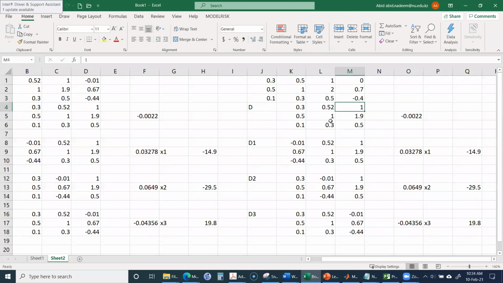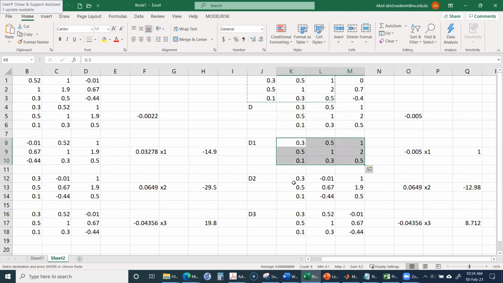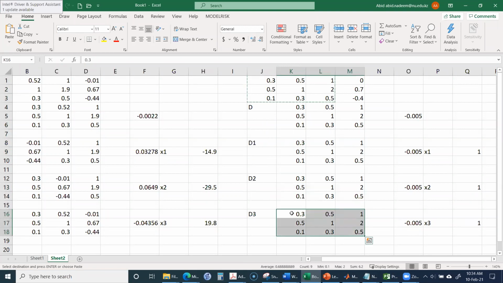So in this case, I have this equation. So maybe I can copy it. Control C, Control V. I need to change.